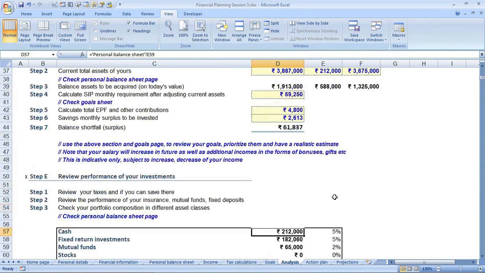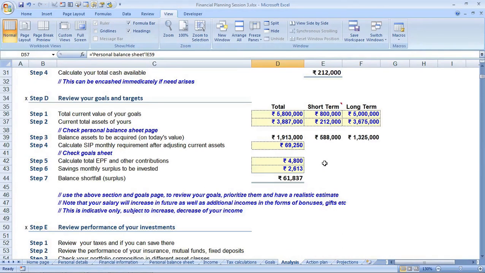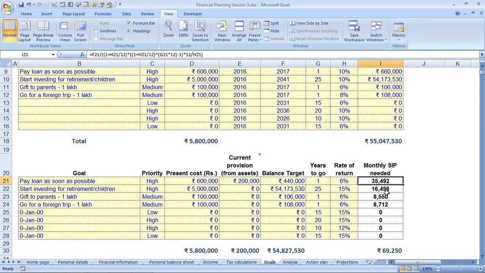Let's say he repays the personal loan, and that would release around 10,000 rupees of cash which he can invest for his longer term goals. So 10k plus 7,000 would be another 17,000 investment which he can do for his longer term retirement goals.